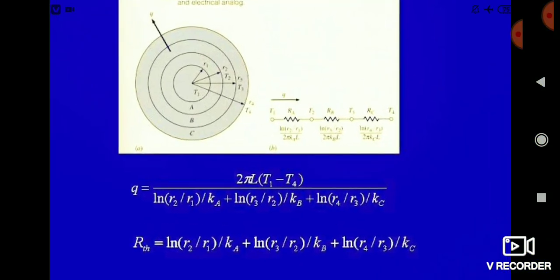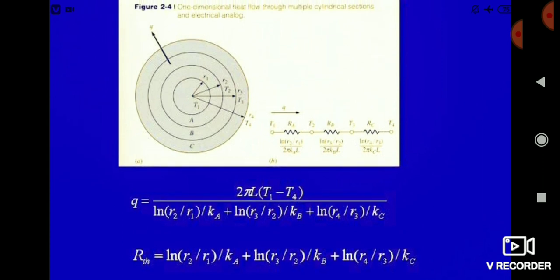Now friends, you see that when cylinders are present in groups, suppose A1, A2, A3, A4, like that three or four cylinders are present, how will you calculate the amount of heat transfer through those cylinders? The first thing you should understand is that these cylinders are present in series.